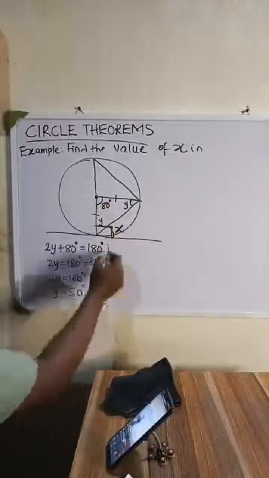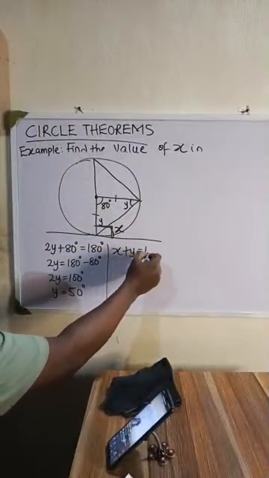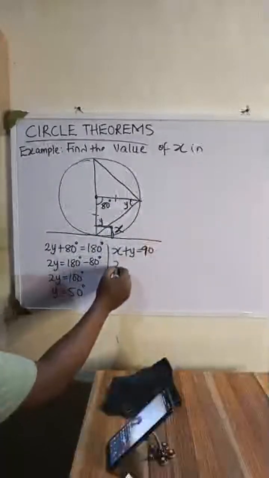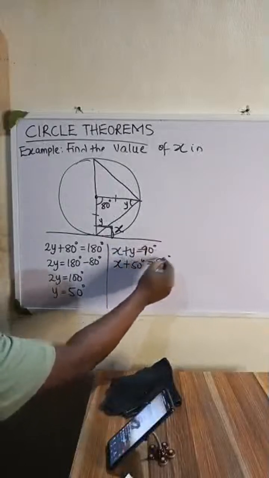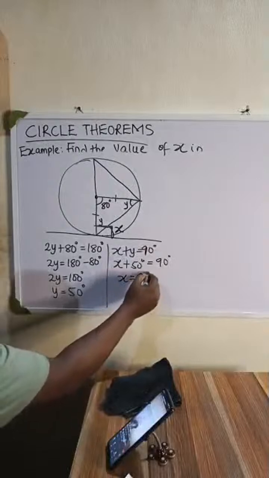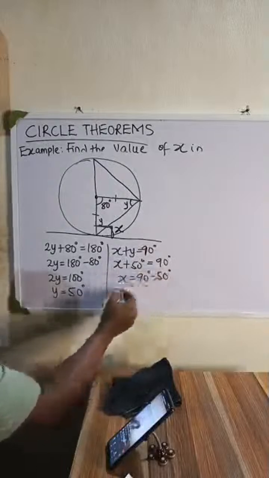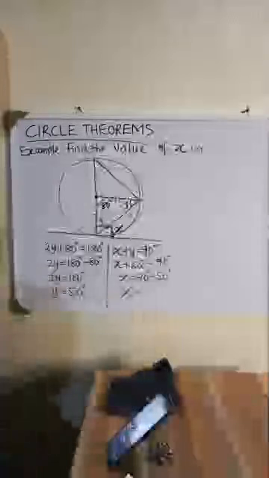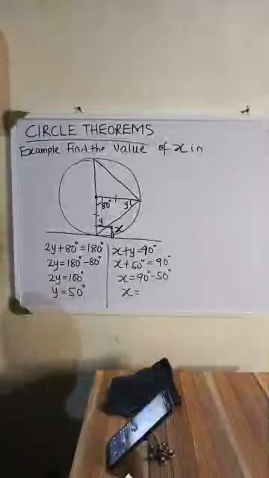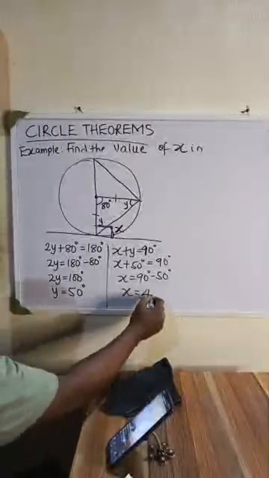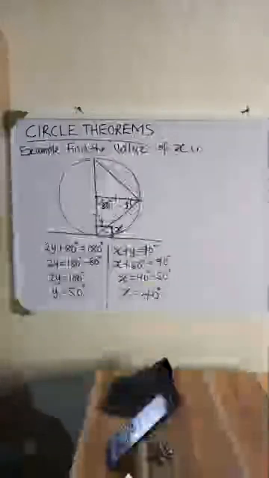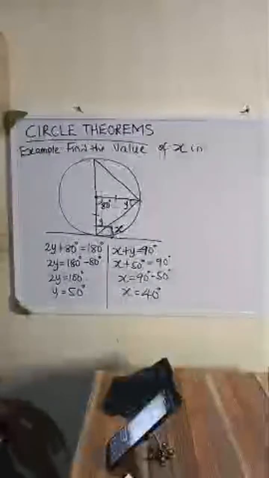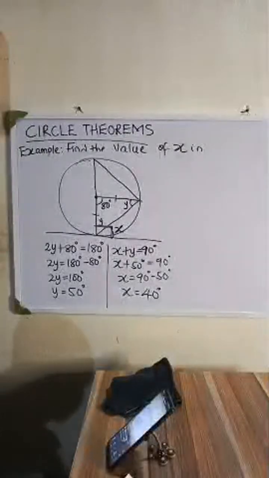So that means x plus y is equal to 90 degrees. x plus 50 degrees is equal to 90 degrees. x is equal to 90 degrees minus 50 degrees. x is equal to 40 degrees. That gives us the answer to the question. Okay? That's the answer to the question.